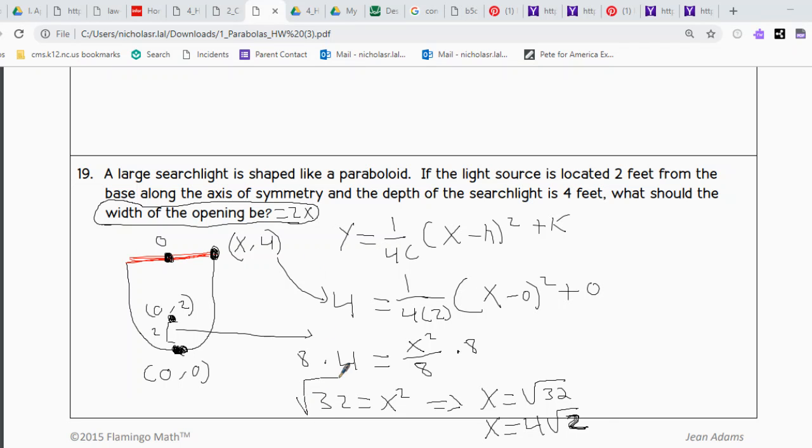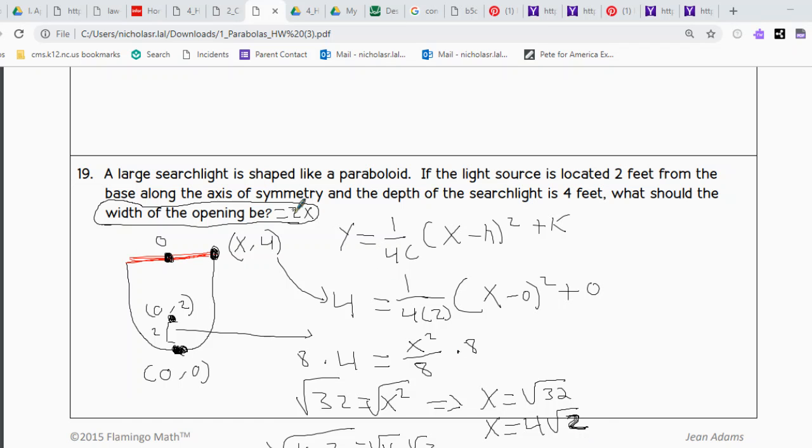So take the square root of both sides. That's 4 root 2 because this becomes the square root of 16 times 2, which is equal to the square root of 16 times the square root of 2. The square root of 16 is 4. So x is equal to 4 root 2.